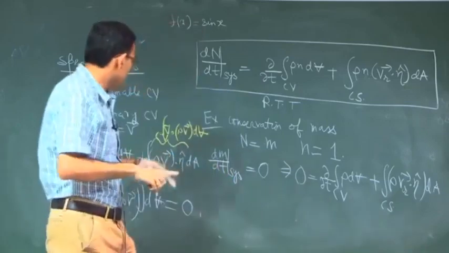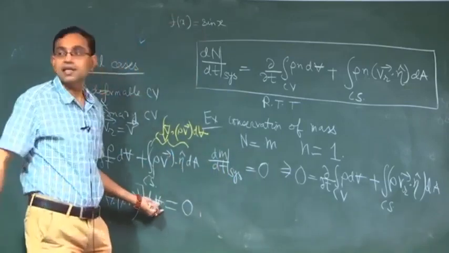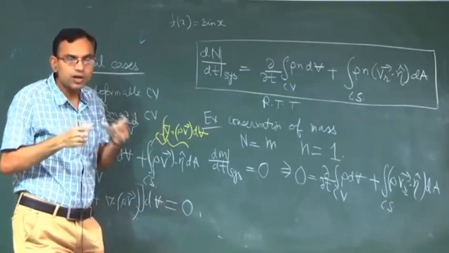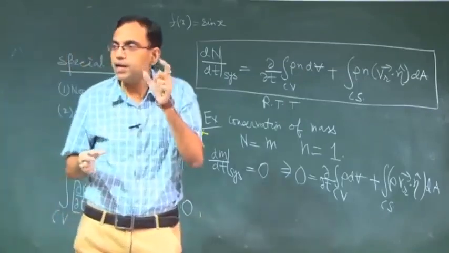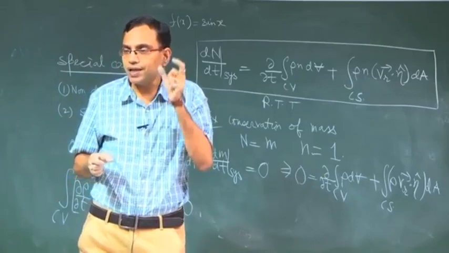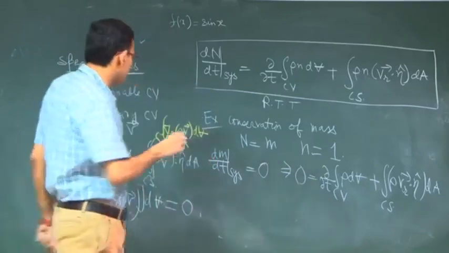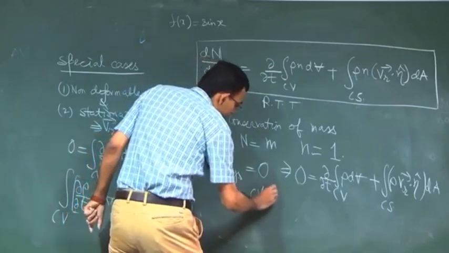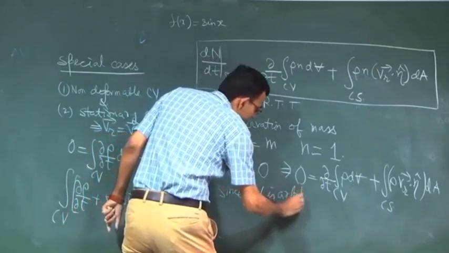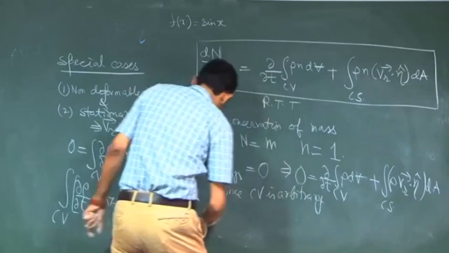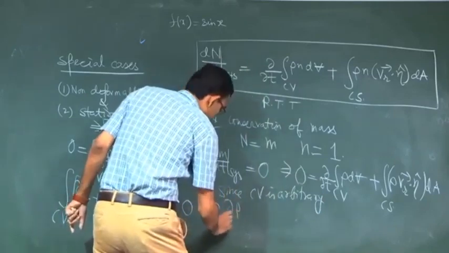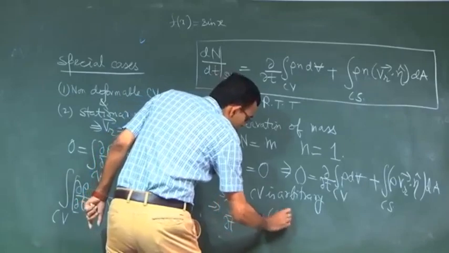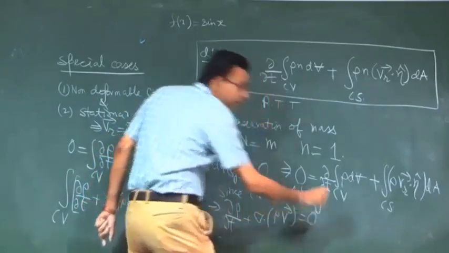So here the volume that you have chosen is arbitrary, your control volume choice is arbitrary, you have not taken a very specified limit. Since the control volume is arbitrary, you are left with this one, which is another way of deriving the continuity equation.